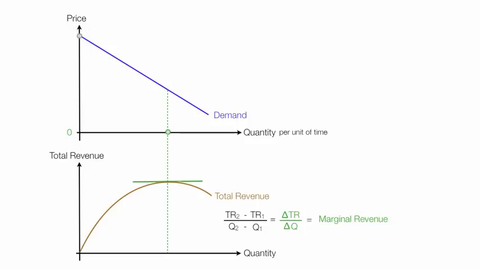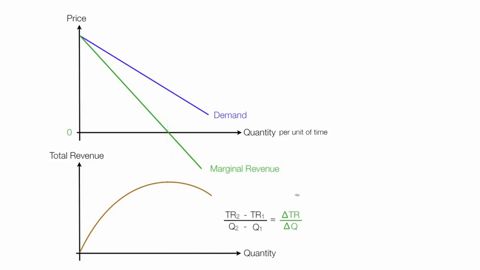And if I take the point up there and I draw my line straight down like that, that's my marginal revenue curve. To the right of the dotted line, marginal revenue is negative. The slope is negative, as you can see. So by definition, marginal revenue is equal to change in total revenue divided by the change in quantity.